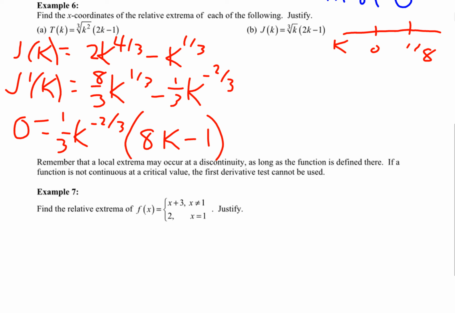Those are k values, and we're checking j prime for the signs. If you do that, you should get positive, negative, positive. The numbers I plugged in were -1, 1/16, and 1.